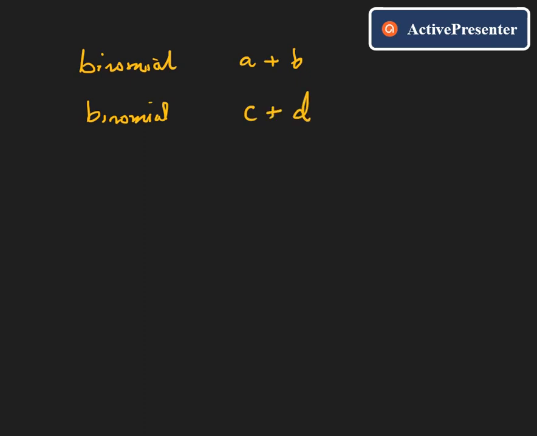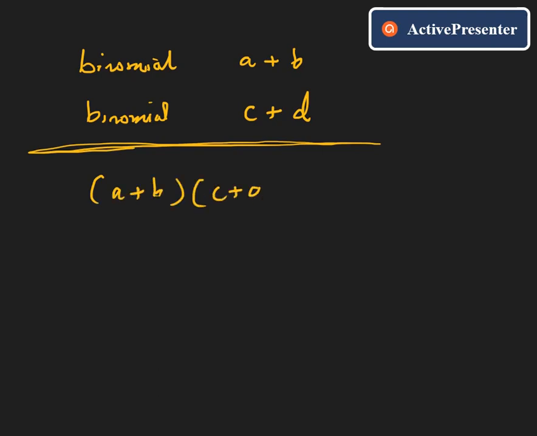In fact, as we used before, we use the distributive property to multiply polynomials. If we multiply a plus b by c plus d using the distributive property, you are correct. However, there is a common method called the FOIL method.